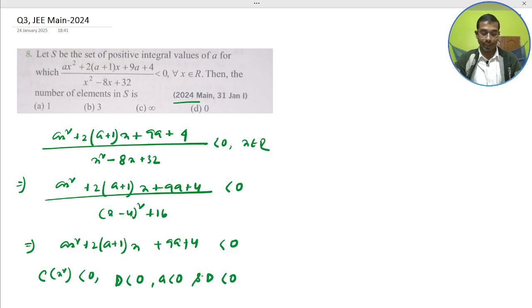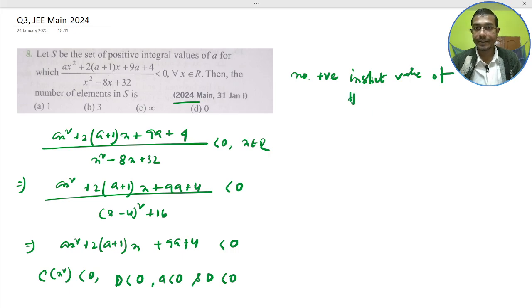So there is no positive integer value of a. Hence the number of elements in S would be 0. D would be your correct answer.